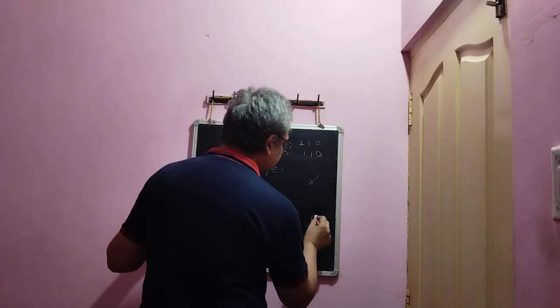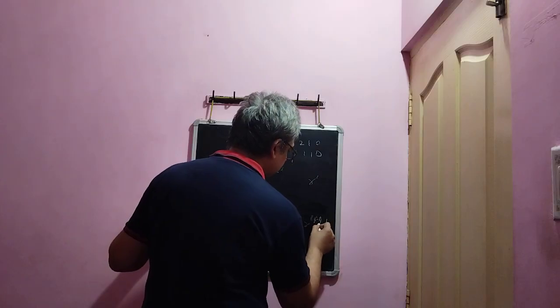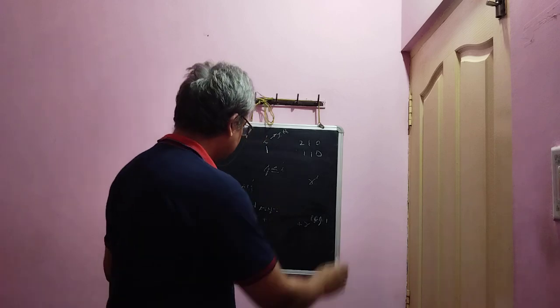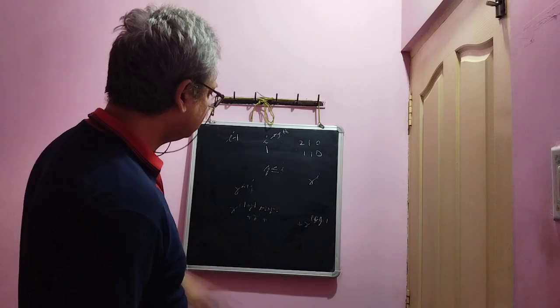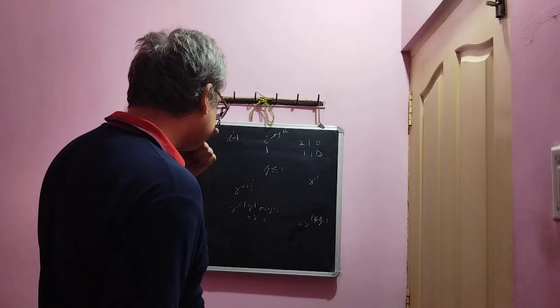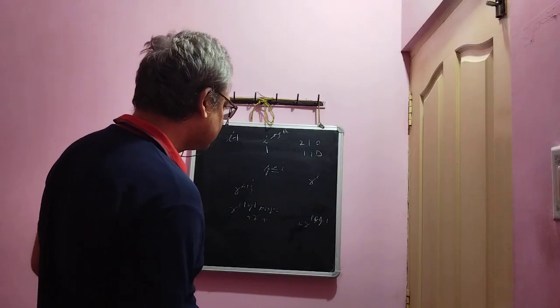This j minus 1 must be in brackets. So this will be the sum of the j ones.